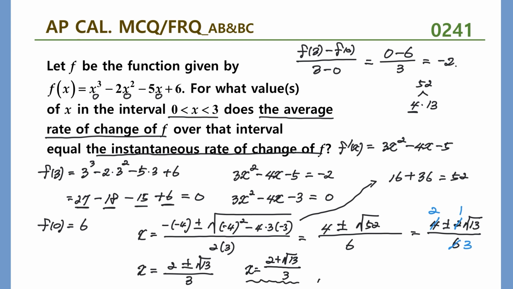And the other one, x is equal to 2 minus root 13 over 3. Well, 2 minus root 13, that's negative, right? This is just root 4, this is root 13. So this is a negative number. So this cannot be the answer. So the answer x has to be only this, 2 plus root 13 over 3.